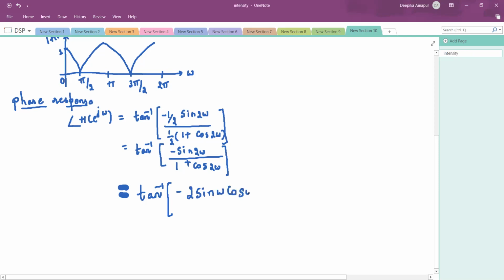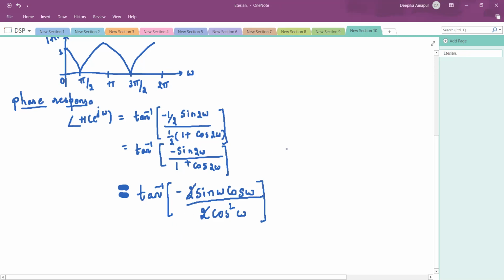I'm just substituting the mathematical formula for sine 2 omega. Then for 1 plus cos 2 omega, we substitute 2 cos square omega. Then just simplify it.